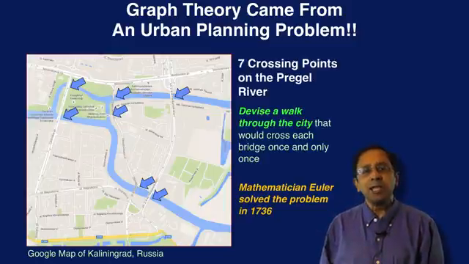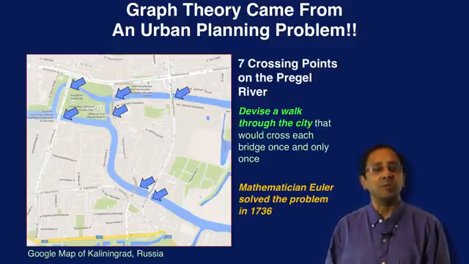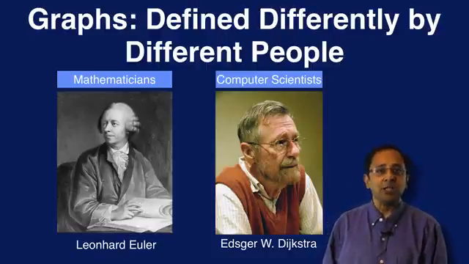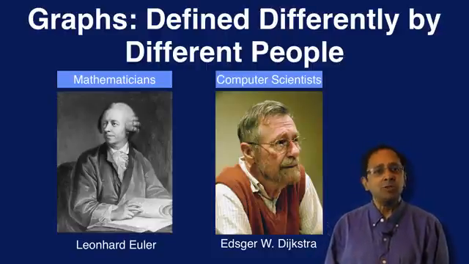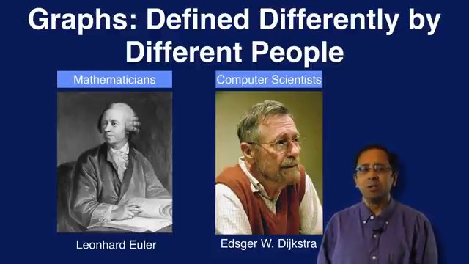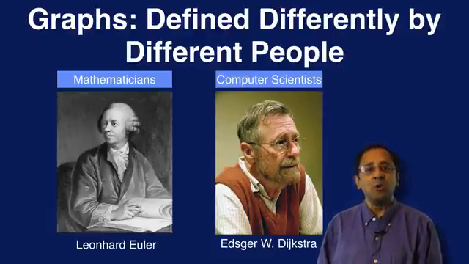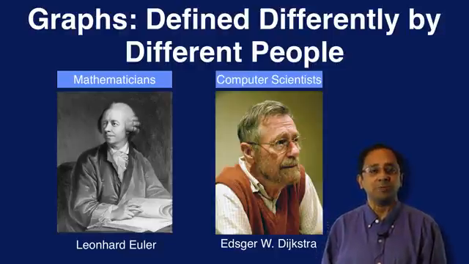Well, in fact, it required a mathematician to solve the problem. The mathematician named Euler, shown on the left, looked at this and figured out that you really cannot create such a walk. Why? He said it cannot be done because there are an odd number of bridges, and proved it mathematically. From this problem, the whole field called graph theory emerged.